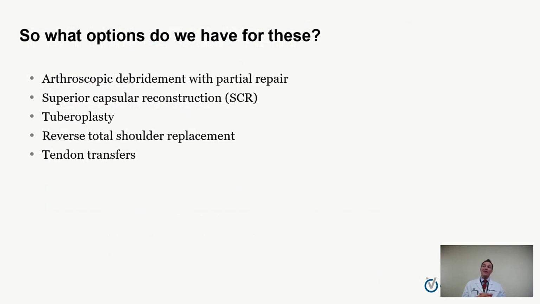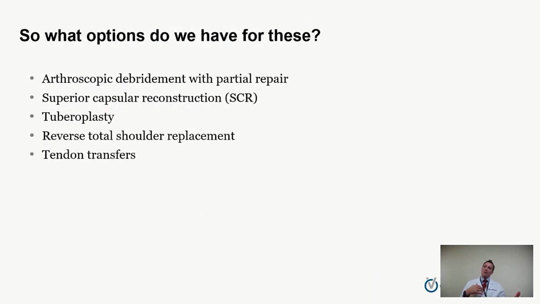However, they carry with them some restrictions, like a 30-pound weight limit on the operative extremity for life. They are a joint replacement, so they're not your tissue, and they have some restrictions so that you don't dislocate your shoulder. Just like with any other joint replacement, over time they can wear out.